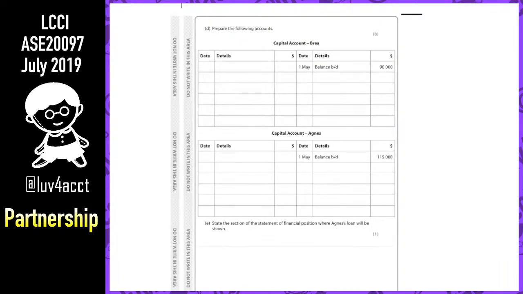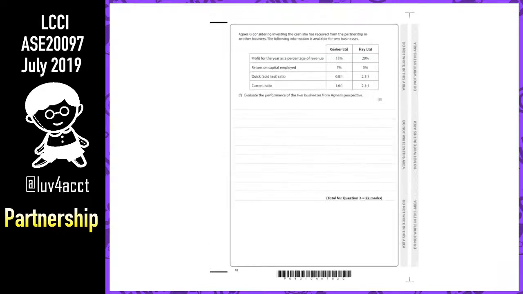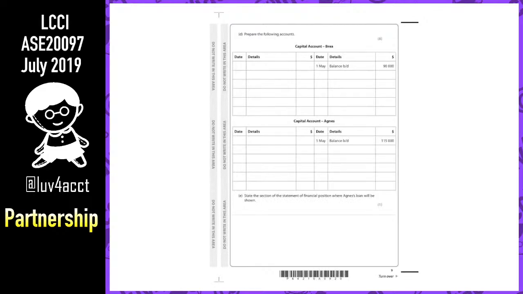Next, the capital accounts. Agnes is leaving, so this is Agnes' account.